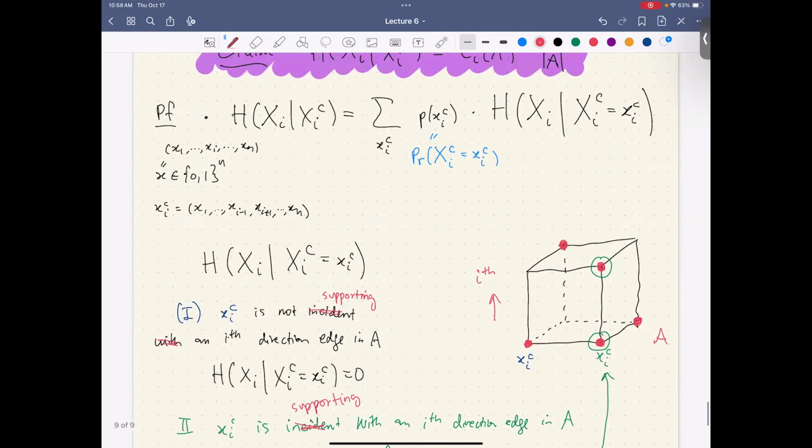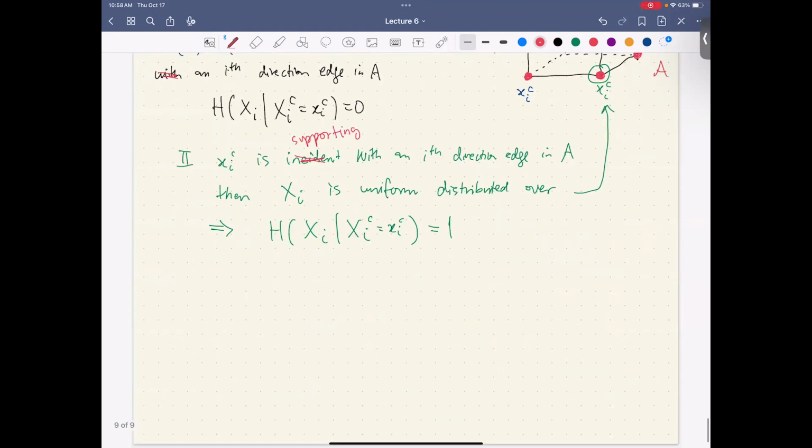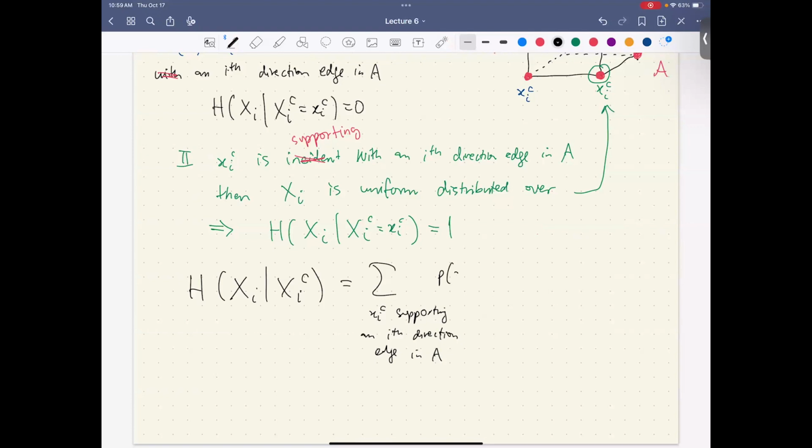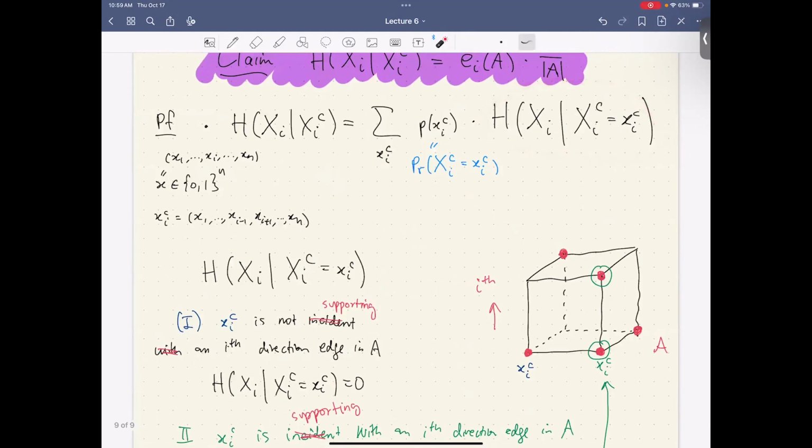Right. So that means the conditional entropy we want to bound, H(x_i | x_i^c), equals the sum over x_i^c supporting an i-th direction edge in A of p(x_i^c) times 1. In this case, this conditional entropy equals 1.